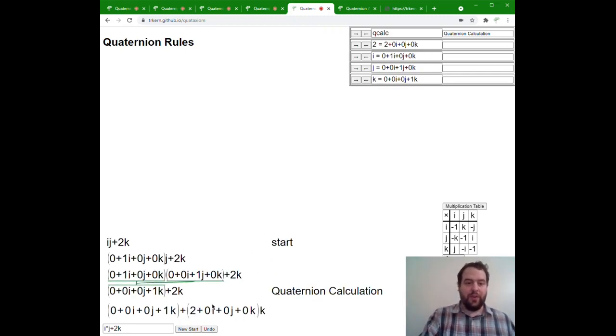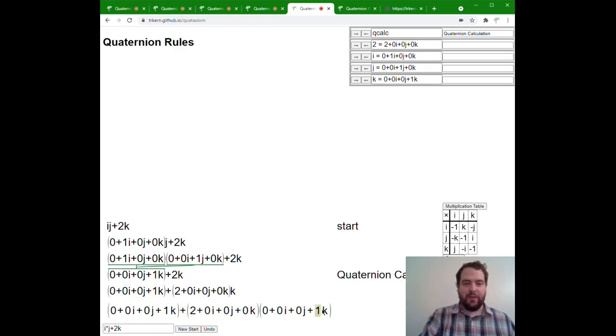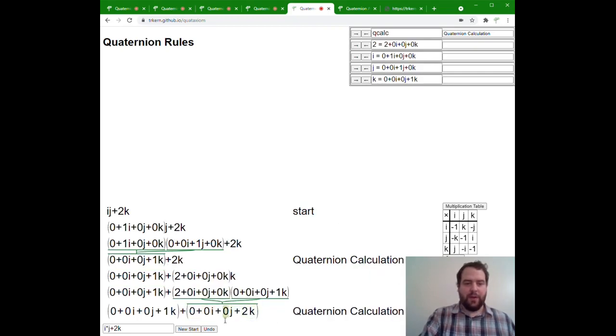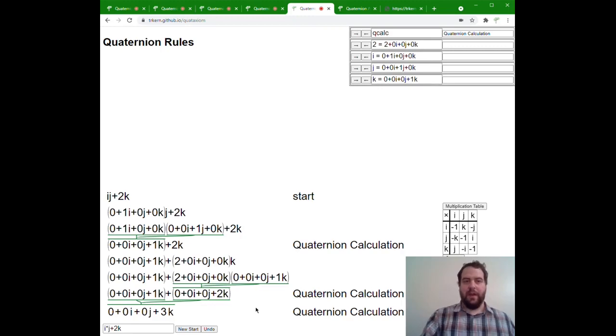I'm going to turn 2 into its quaternion canonical form, and k into its quaternion canonical form, and multiply them together using quaternion calculation. And then finally, I'm going to add together these two canonical forms using the calculation rules that we've established in previous slides. And by applying all of these rules, it's going to take this expression and get it into canonical form.